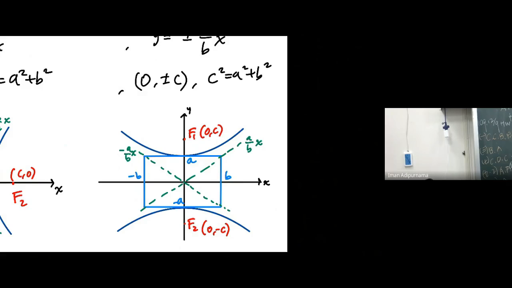Unless the question is asking specifically to mention the asymptote. For me, if you just draw the rectangle and then hyperbola, that's still okay. Because you already have all the necessary points, the A, B, and C. The asymptote is important if you want to make the exact shape precisely.